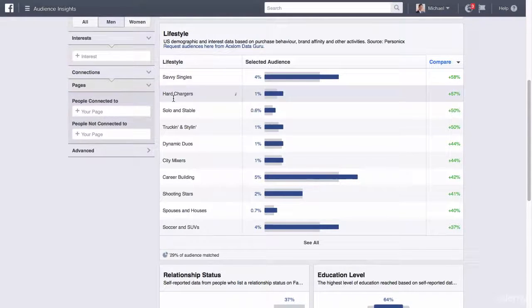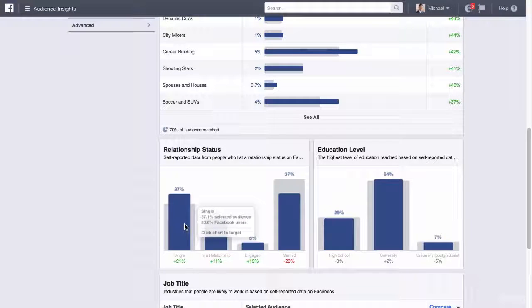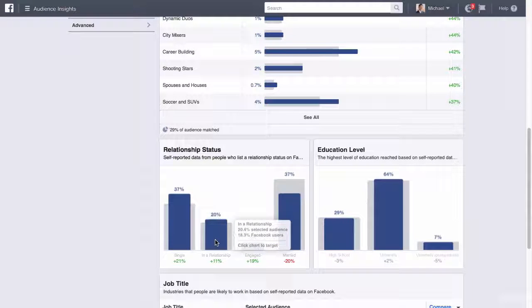We can see what kind of lifestyle they lead and what the highest percentage is. We can see their relationship status. So we can see here that 37% of the selected audience are single, 20% are in a relationship, 5% are engaged, and 37% are married.